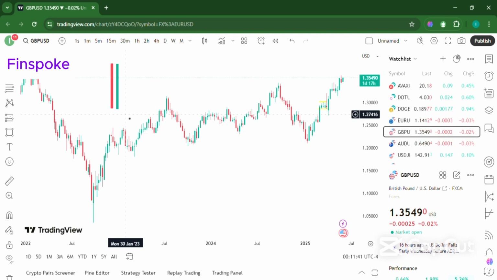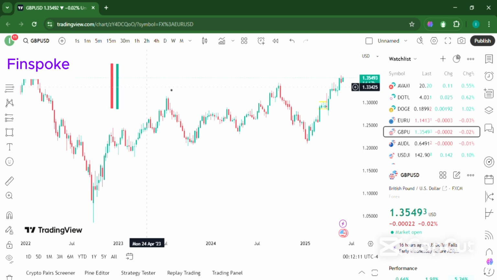indicating that buyers or sellers, that if you find it at the support level or the support key zone, it indicates that sellers are losing control of the market and the buyers are taking control of the market or gaining momentum.